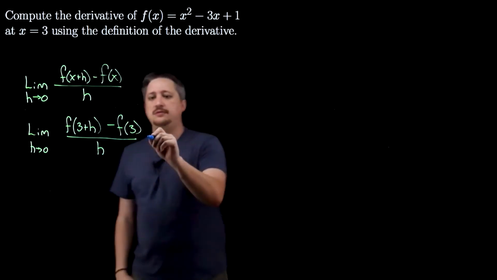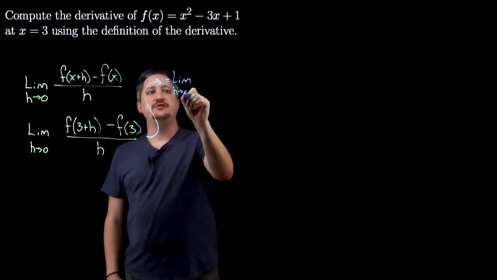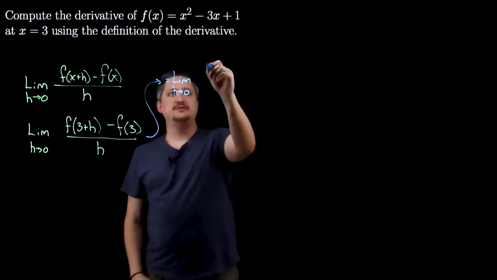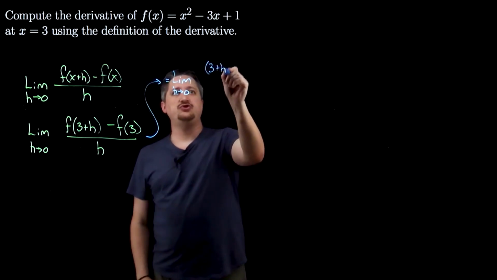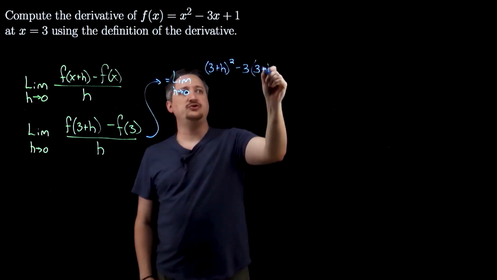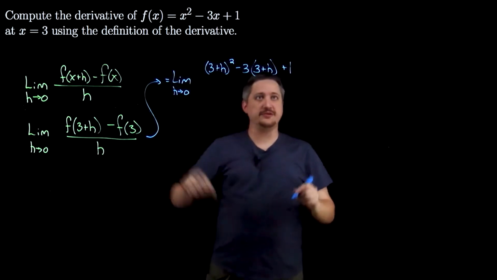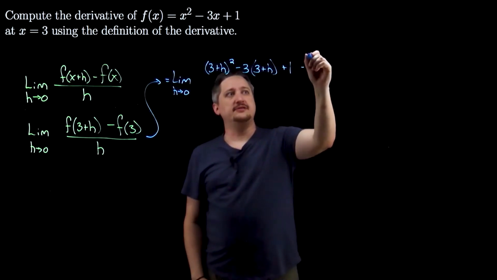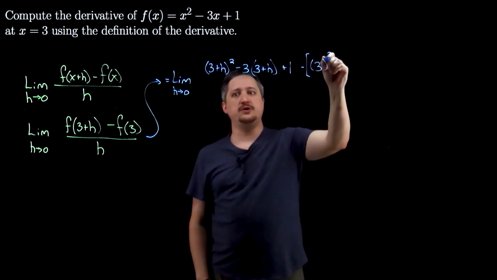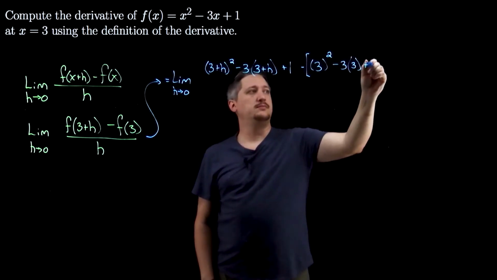So this then is the limit as h goes to 0. 3 plus h goes in all together, so I have 3 plus h squared minus 3 times 3 plus h plus 1. That's f of 3 plus h. Then I'm going to have minus f of 3, so 3 squared minus 3 times 3 plus 1, all over h.